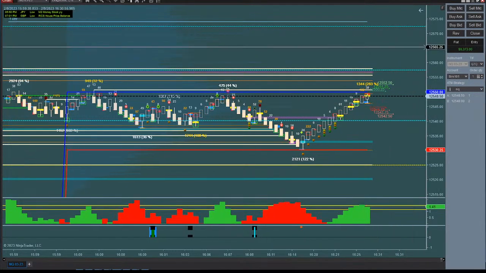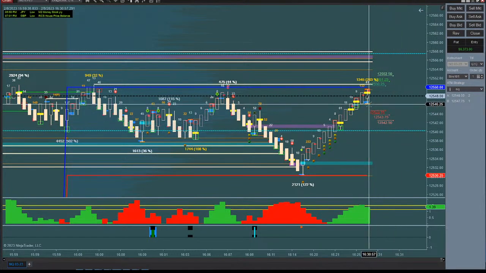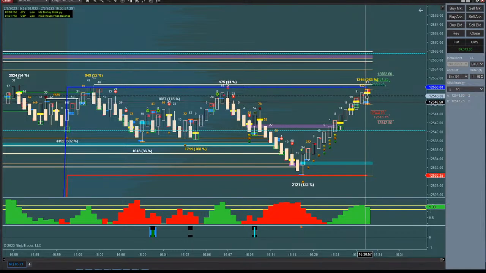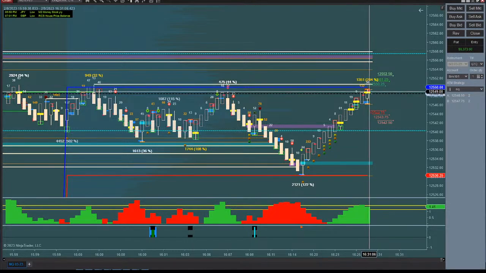But I like how this system works. These blue lines are trapped sellers. This yellow line here is a cluster. That means there's a battle going on.